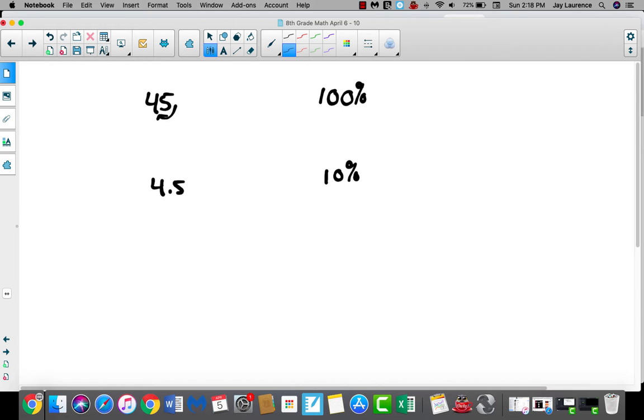Remember we were doing scientific notation, dividing by 10? How do I turn 100 into 10? Well, 100 divided by 10 is 10. So to turn 100 into 10%, I had to divide it by 10, which means I had to do it over here because 45 equals the 100% mark. So I had to divide by 10 here, which moves the decimal point one place to the left.